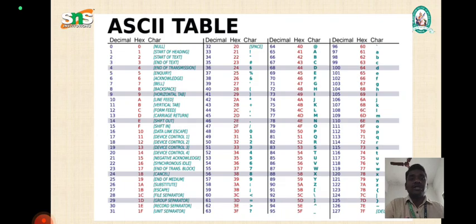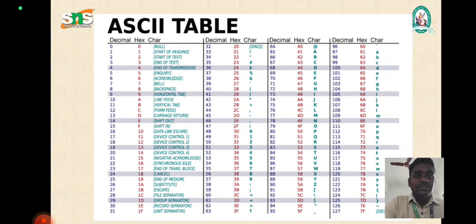This is the table for the American Standard Code for Information Interchange. Here the decimal number, hexadecimal number representation and the ASCII character are given. For decimal 0, the hexadecimal is also 0, and the character is null, there is no character for that.